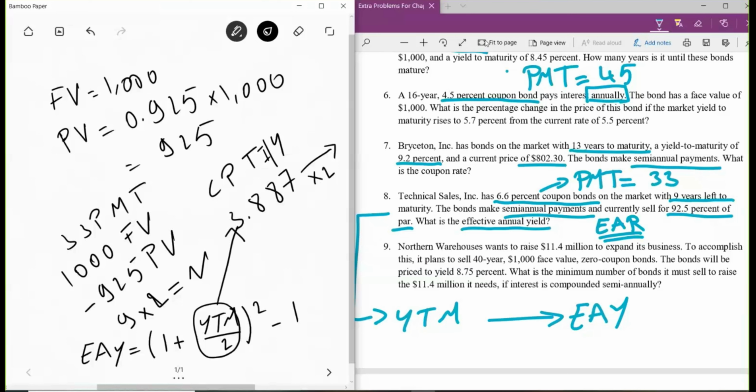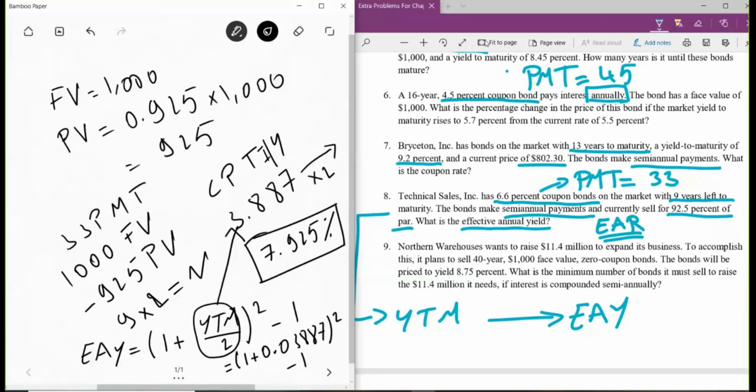So EAY equals 1 plus 0.03887 to the power 2 minus 1. The answer is 7.925%. So this is the effective annual yield.